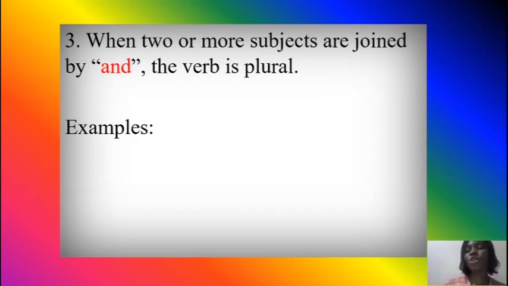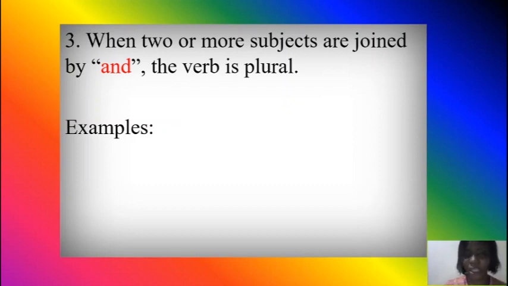In between Trinity and Halima, you have a coordinating conjunction that brings those two subjects together, which is and. Being that those two subjects are joined with the word and, the verb should be plural. So you say Trinity and Halima are friends, not Trinity and Halima is friends.